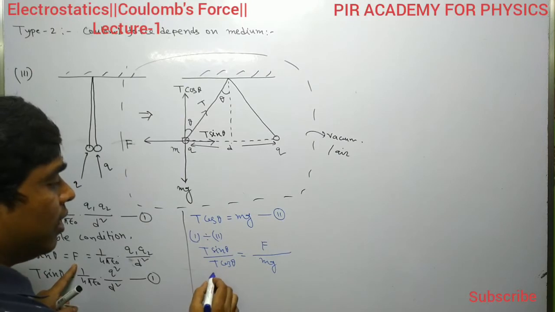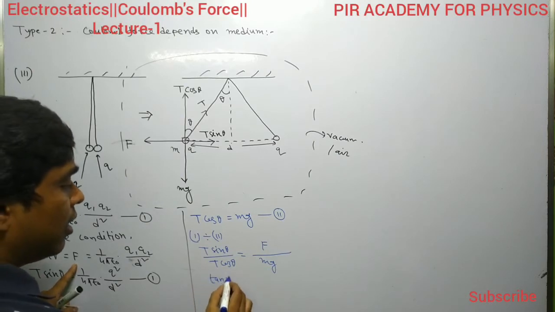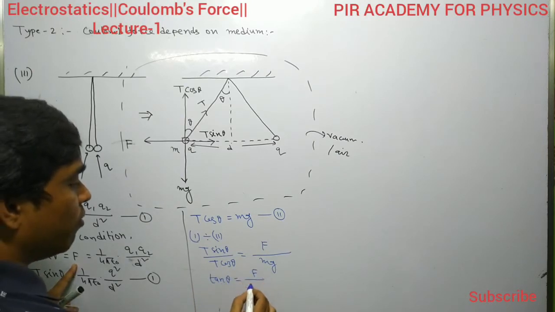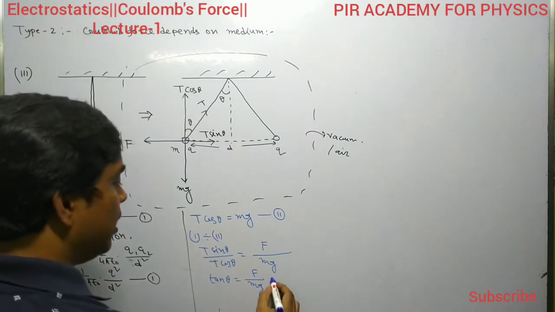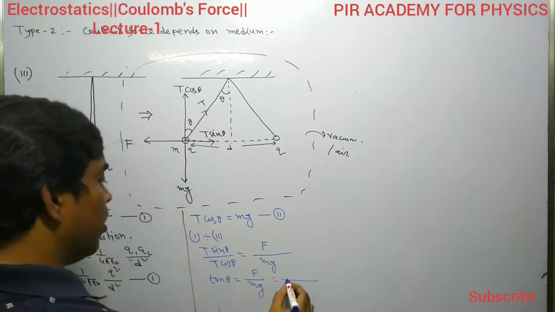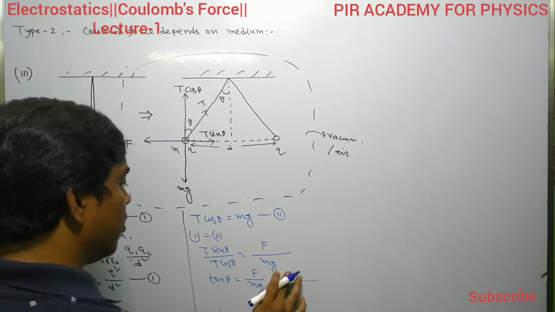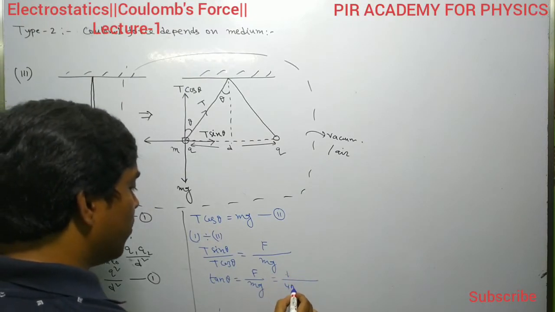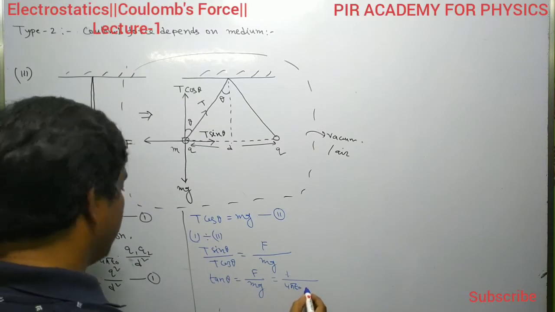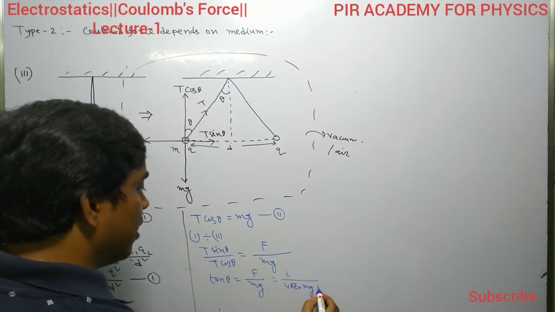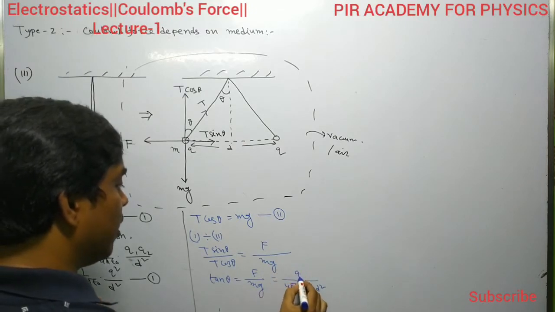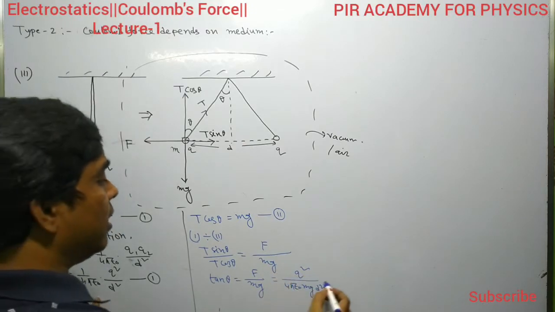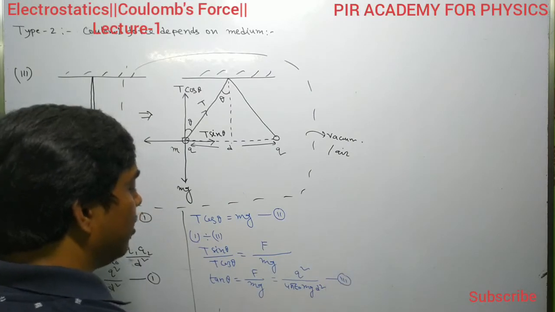So tan theta equals F by mg. If I put this value, then it will be 1 by 4 pi epsilon naught, mg d square, and here will be Q square. This is another equation, number 3.